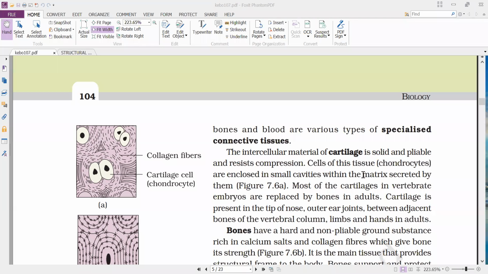In some regions cartilage still exists, like the tip of the nose, the external ear, the earlobe, the endings of long bones of limbs and hands, and between the adjacent vertebrae, which are joined by cartilage. That is about cartilage.